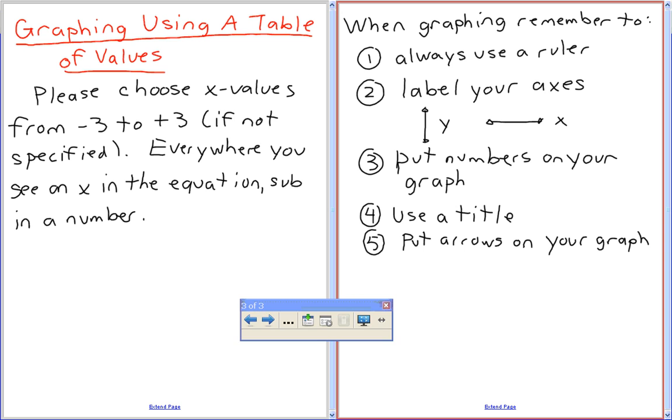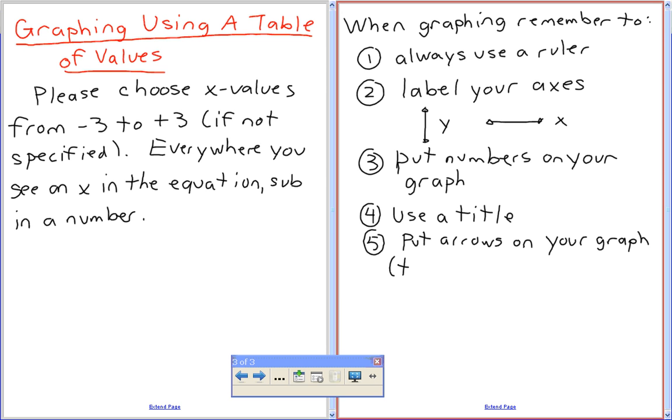In brackets, this means the line continues. And number 6, finally, make sure all points fit on the graph.